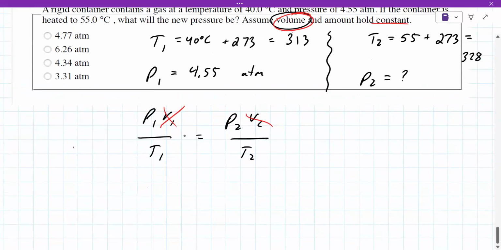Wait, what did I say? I didn't catch it. What about P2 over 328 here? Okay.